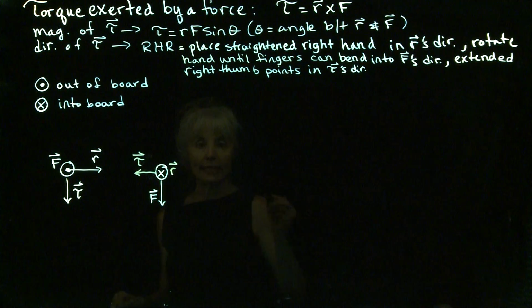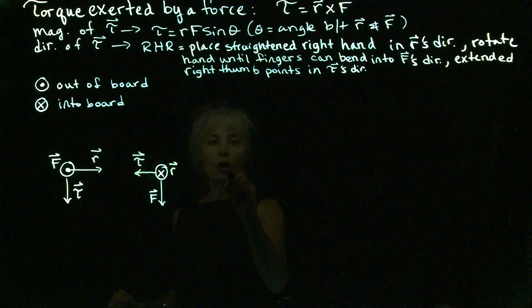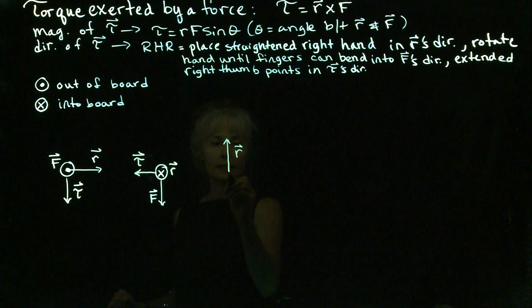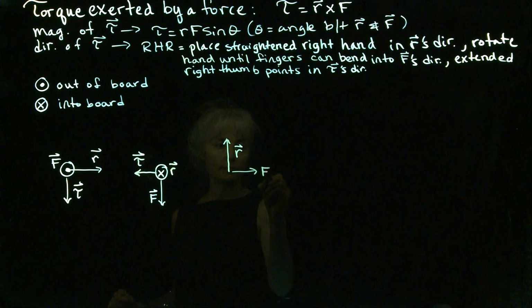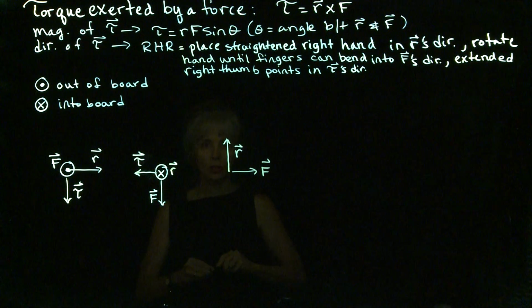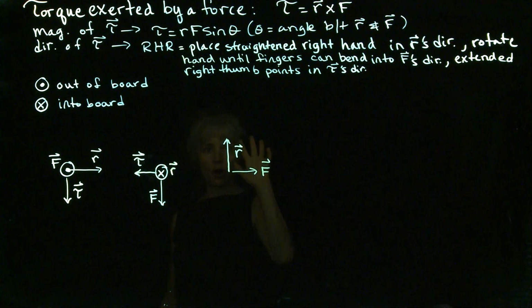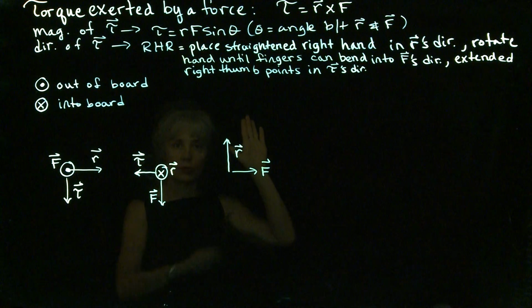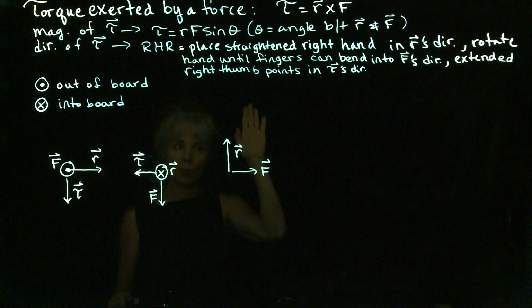Let's try another example. Let's say that R is this direction. So there's R, and let's say that the force is this direction. Vector r is where I lay my right hand. Vector r is pointing up, so my right hand straightened should be pointing up.